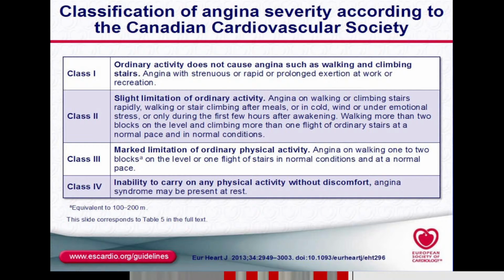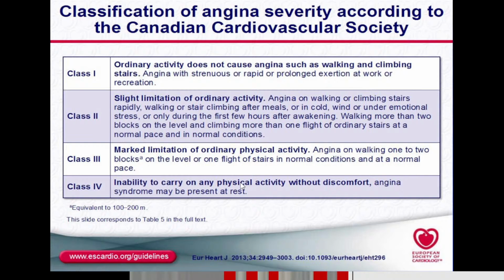The next, class 3, means marked limitation of ordinary physical activity and angina on walking 1 to 2 blocks on the level or one flight of stairs in normal conditions and at a normal pace. And the last is the most severe presentation of angina, class 4.